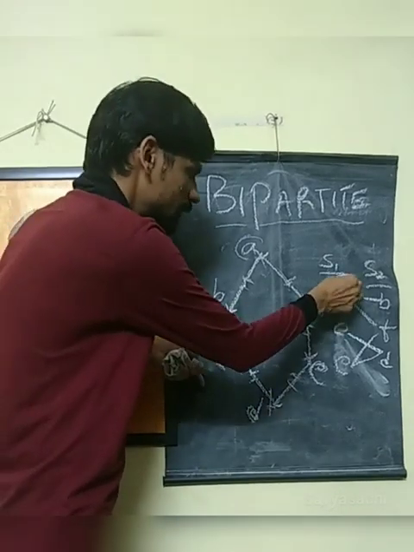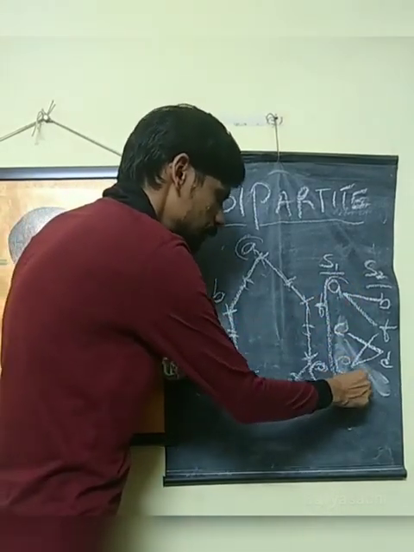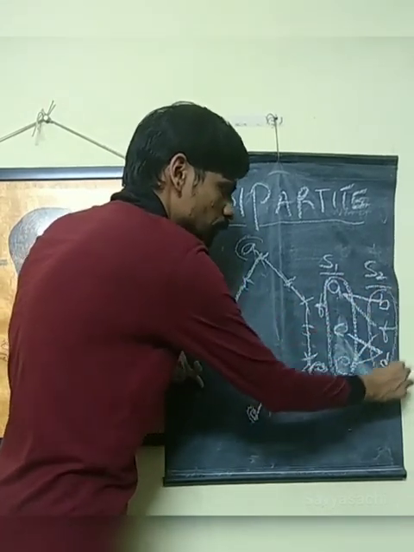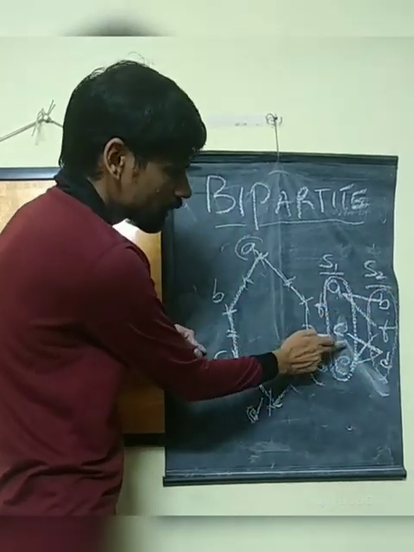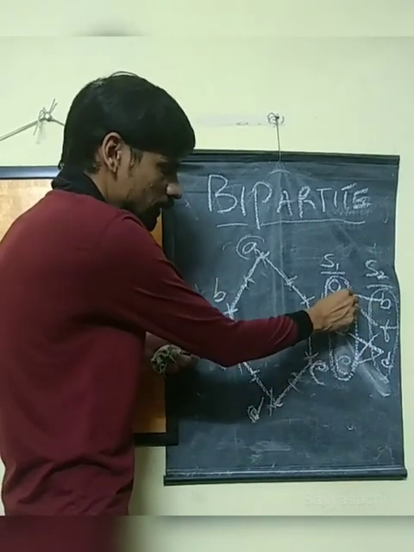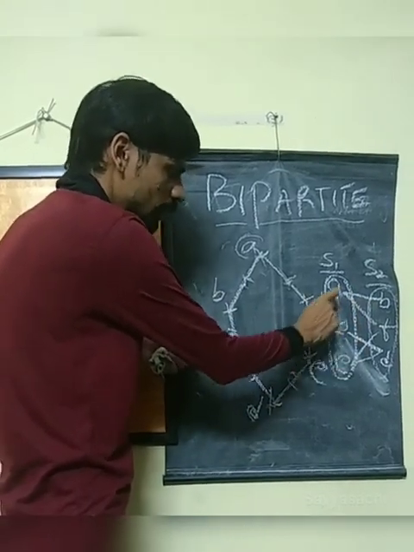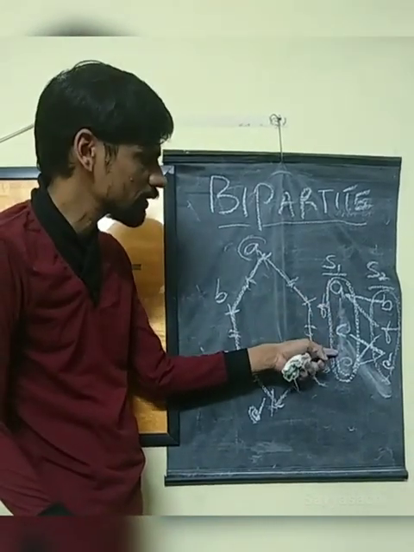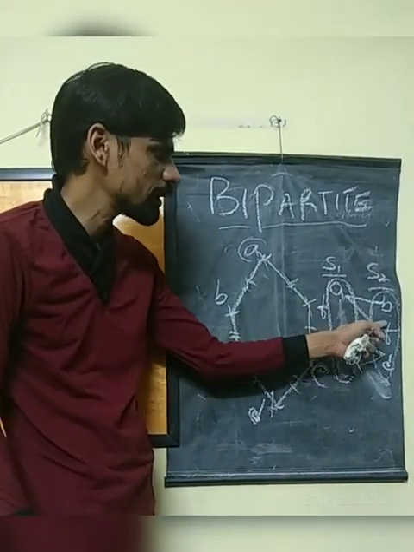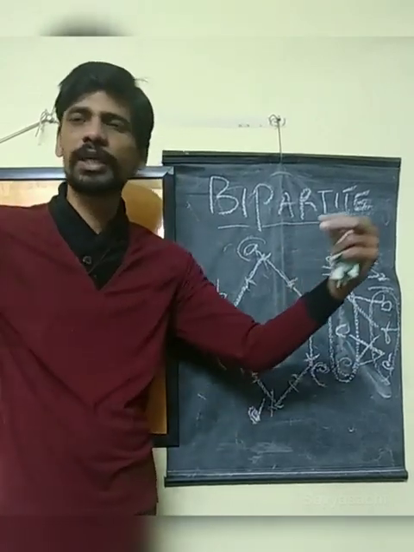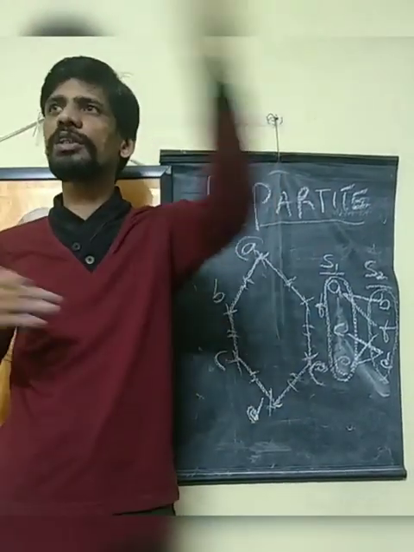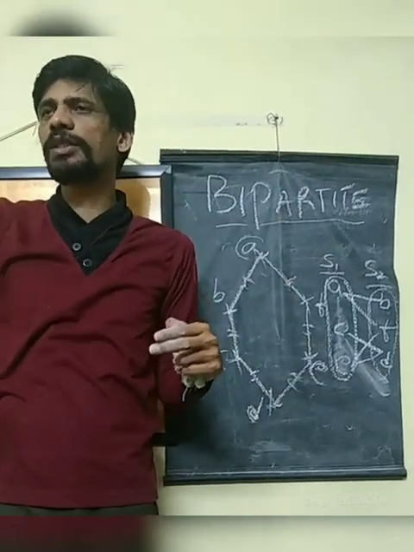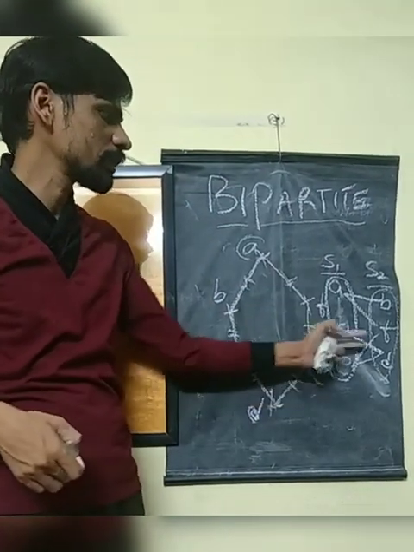So these two sets are induced graphs, basically induced sets of vertices. If you observe, in both these sets there is no connection between any of the vertices within set 1 or within set 2. Always there is a connection from set 1 to set 2, but not within any one set itself.